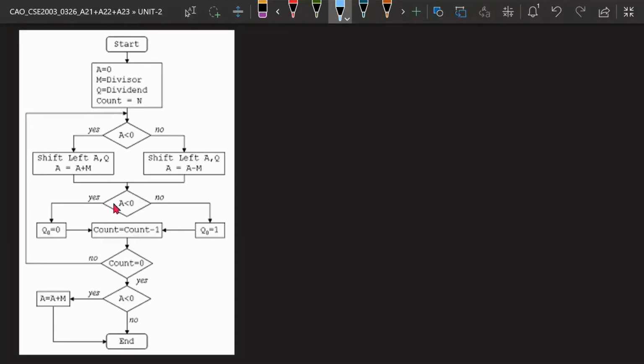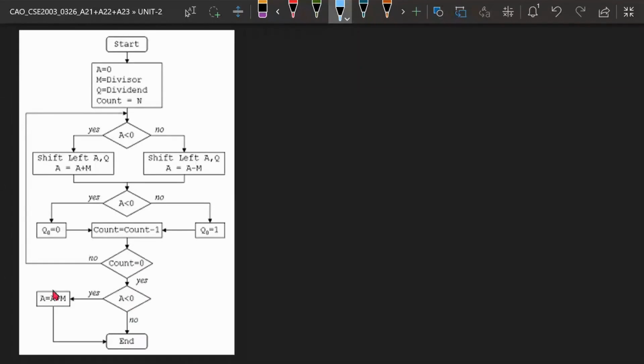So basically the sign of the accumulator content is used to decide whether the q naught value should be 0 or 1. And this also does the count reduction. Once the count is 0, we check whether the accumulator content is less than 0 or greater than or equal to 0, that is, negative or positive. Then we also perform a last operation, that is A plus M.